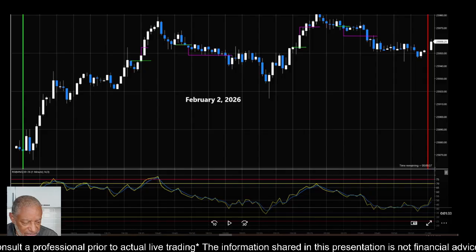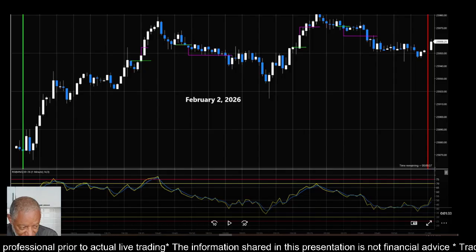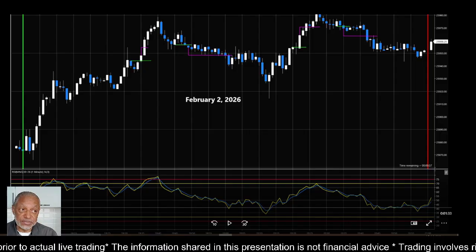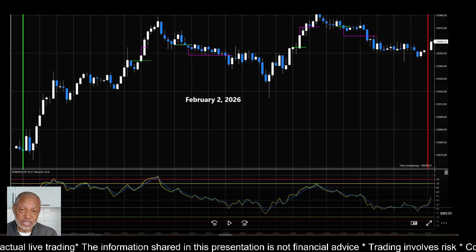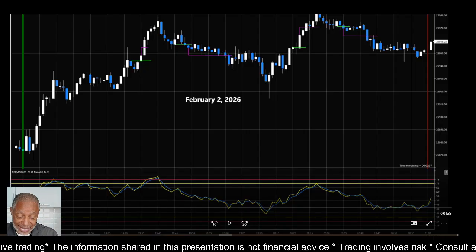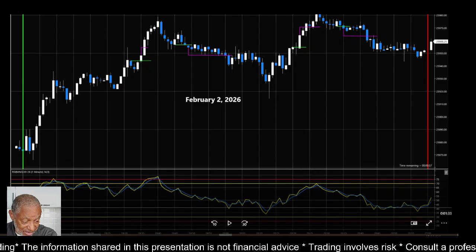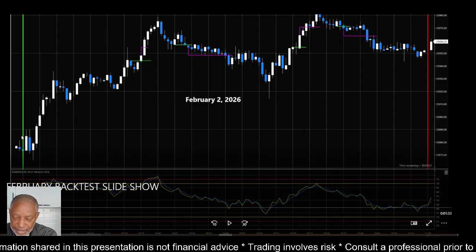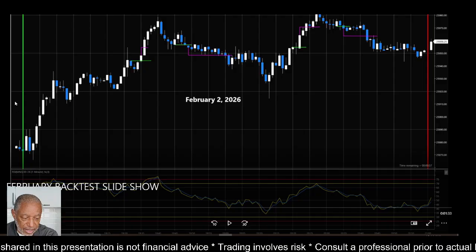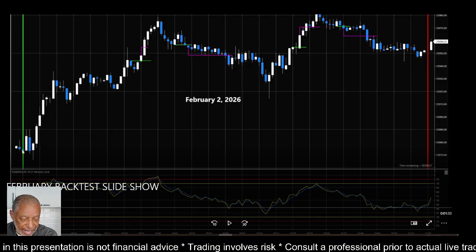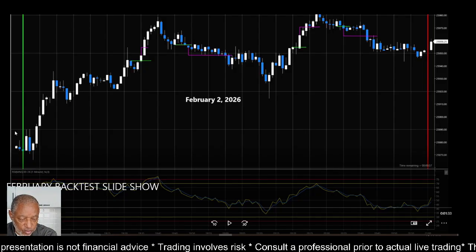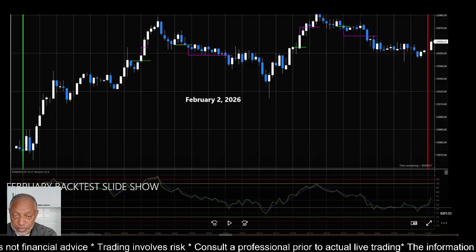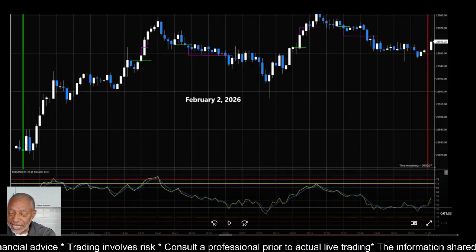So here we are in the month of February. Wow, February. Shortest month of the year, and I'm glad it was short. Let's get this thing going. As always when I start, and I mentioned this in the previous video, I put this green line here so that I don't end up counting candles before it, because at the green line and prior to that is close of business.